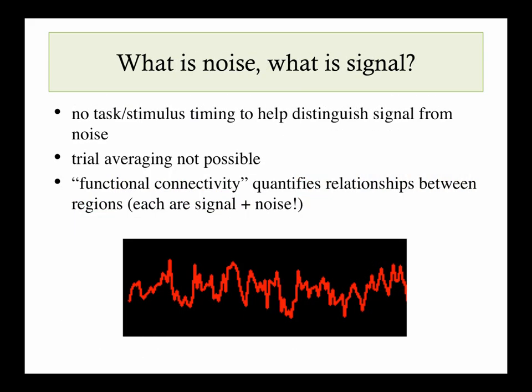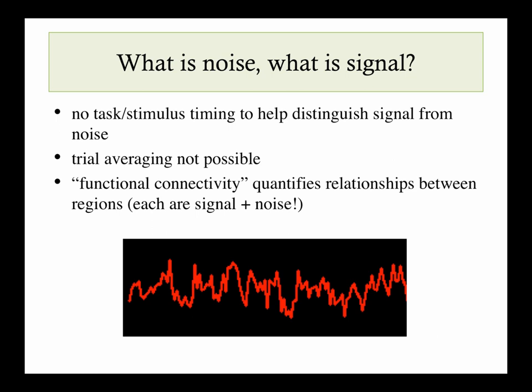But I did want to say that in resting state, distinguishing signal from noise is even harder than when you're doing studies of task-related activity because we have no model that helps us distinguish it, and we can't do things like average across trials to try to improve our signal-to-noise ratio. When we're doing functional connectivity analyses, what we're doing is quantifying the relationship between brain regions, and each of these brain regions is a mixture of signal and noise.